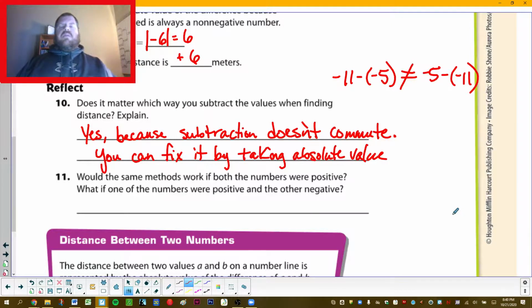It says, would the same method work if both the numbers were positive? So what they mean by this is, does taking the absolute value work if both the numbers are positive? And then what if one was positive and the other was negative? Both positive works.